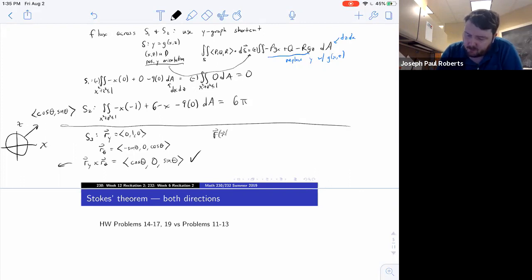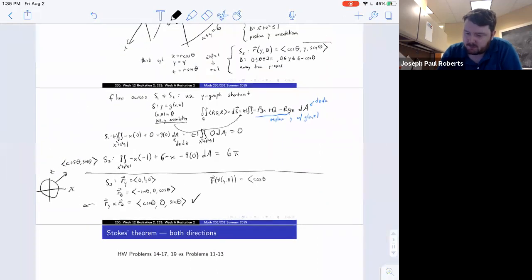f of r of y theta. Well, f was x, y, 9. So x is cosine theta, right? Because this is x, y, z right there is r. X, y, 9.